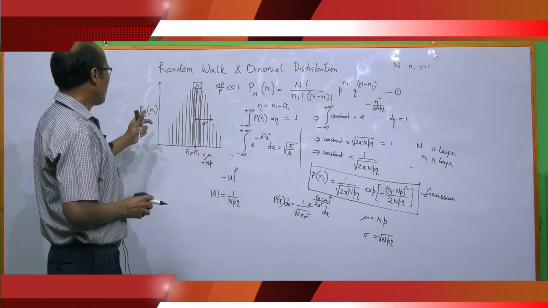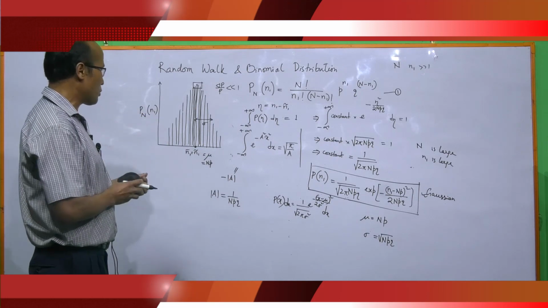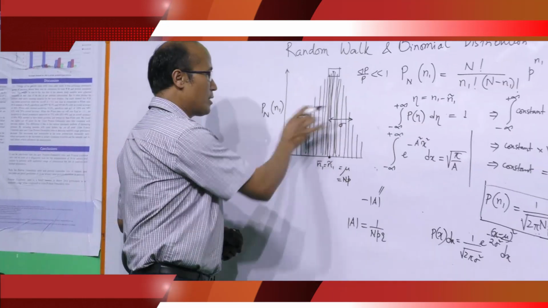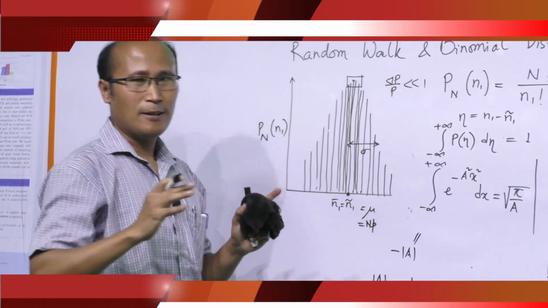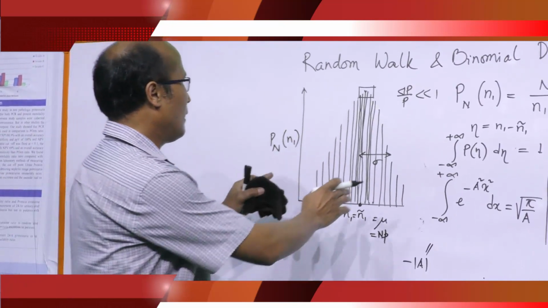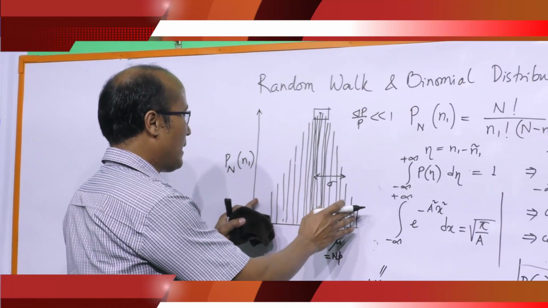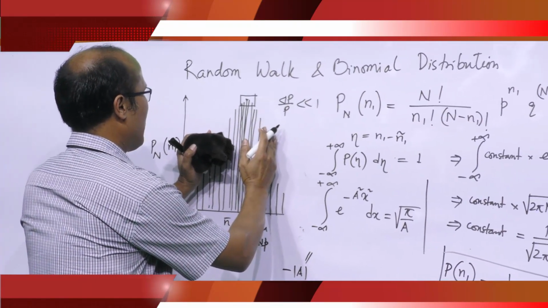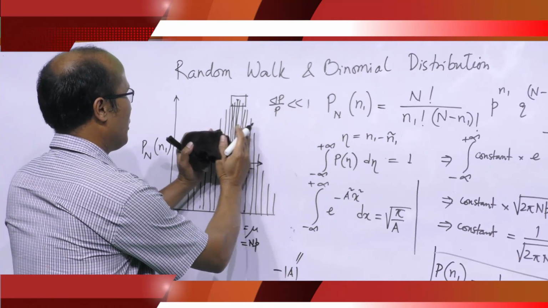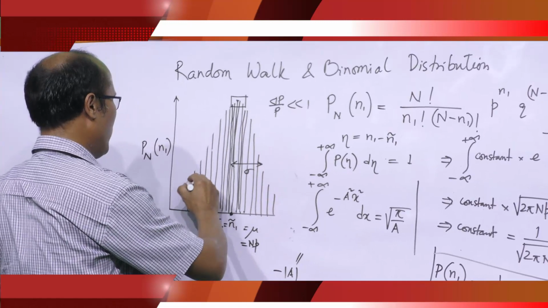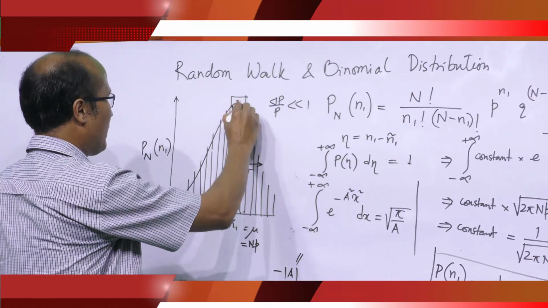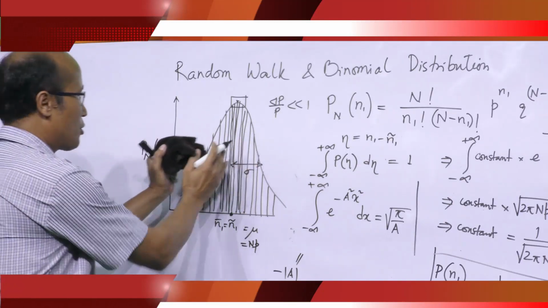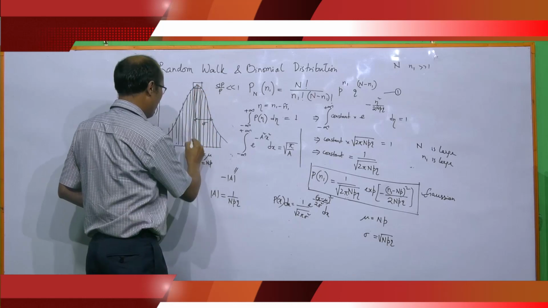Remember that the binomial distribution is discrete, whereas the Gaussian distribution is continuous. When capital N is very large, the deviation about the mean becomes narrower, and we get the standard inverted bell shaped Gaussian distribution, which is symmetric about this mean.